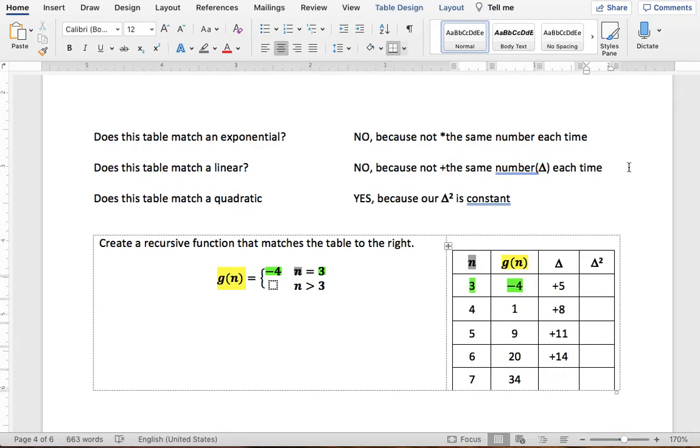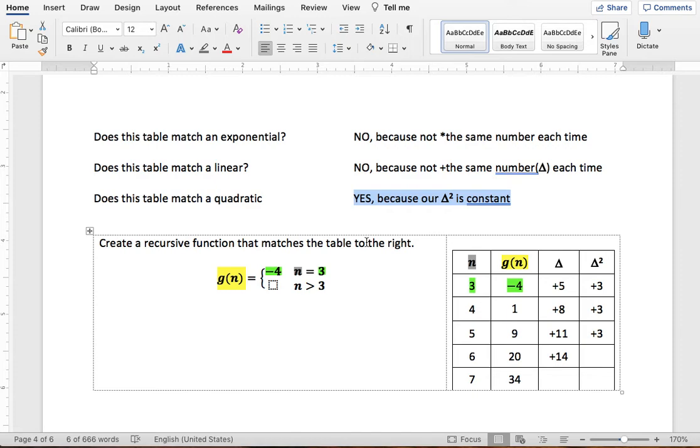Let's look at our second change column from 5 to 8, +3. From here to here, +3. From here to here, +3. So yes, it is a quadratic because my second change column is a constant.